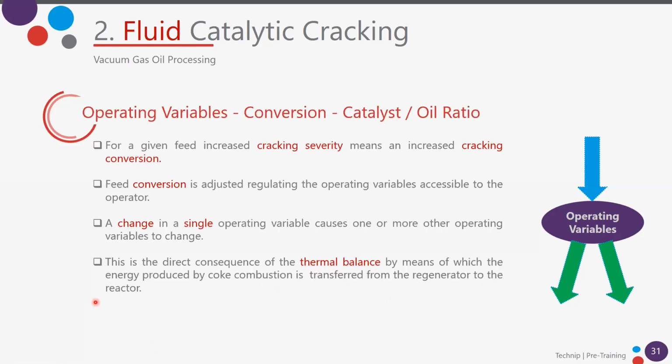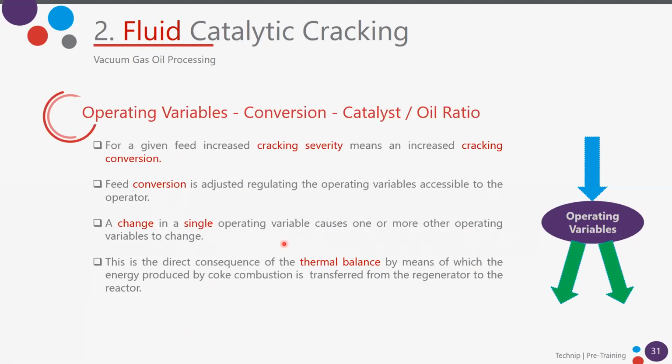Okay, so we are going to talk about operating variables. We are going to define this conversion. And remember that whenever you make a change in a single operating variable, it will cause a lot of things downstream in other variables to change, okay?